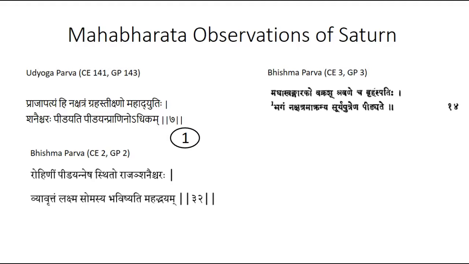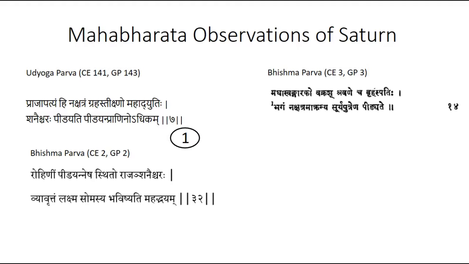A number of you may be aware of this shlok in praise of Shani. It goes something like this. I am simply trying to recall from my memory. Nilanjana Samabhasam Ravi Putram Yamagrajam Chaya Martanda Sambhutam Tam Namami Shanishcharam.